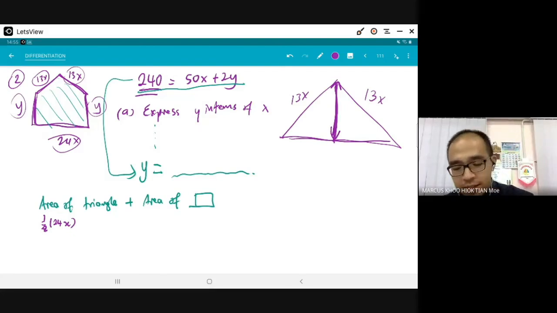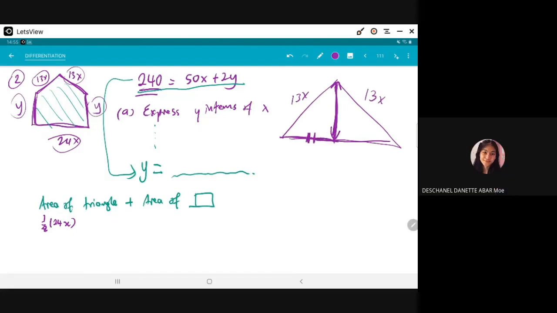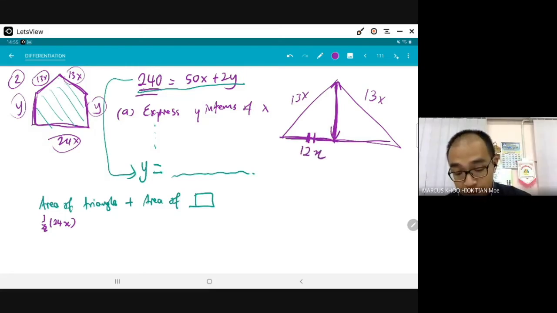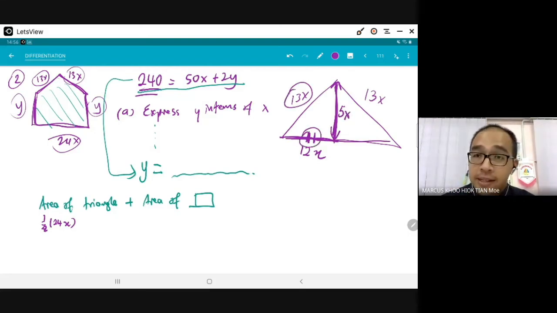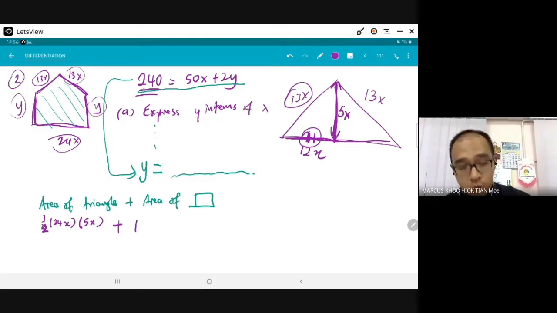If Pythagoras, then this is how much? 12. This is 12x bahkan, same sebutan. Yeah. Okay, so if this is 13, this is 12. If you know your magic triangles, you will know that this is actually 5x. Okay, so the area of the triangle is 1/2 times 24x times 5x plus area of rectangle is 24x times y lah.